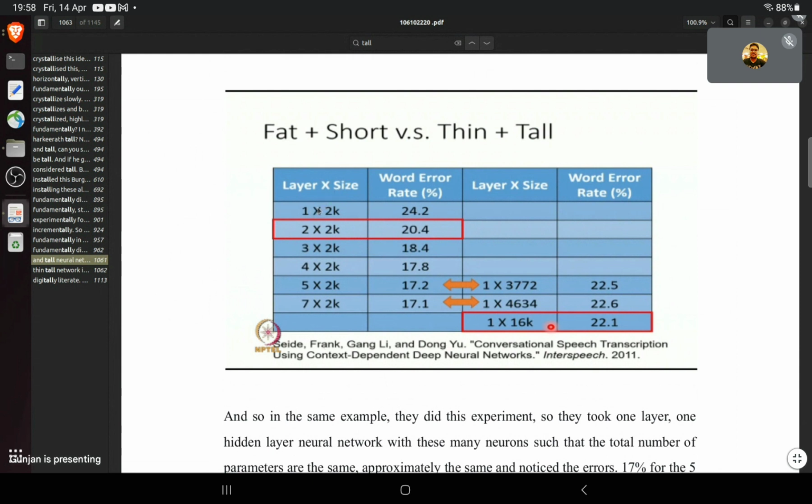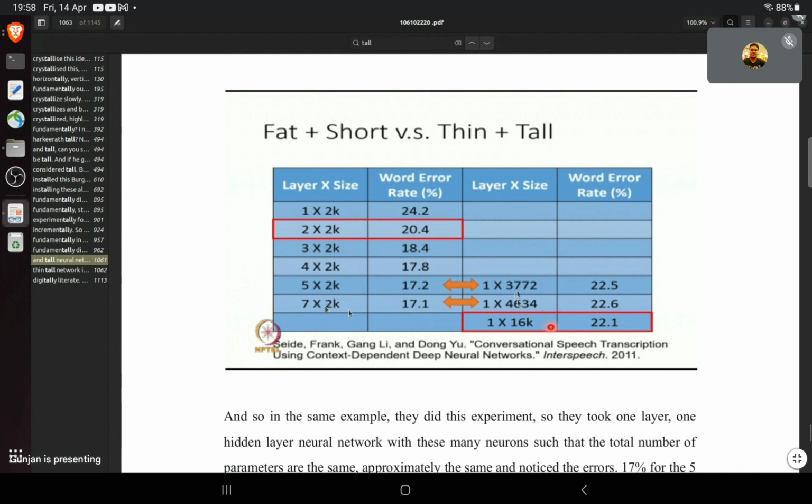Yes, the number of layers is one and the size of each layer is 2K. No, this is thin plus tall, and the second one is short and fat. Think about it: the number of layers is the depth. There are seven layers, so the depth is seven, and the size is the fatness, so 2K fatness and seven layers of depth.